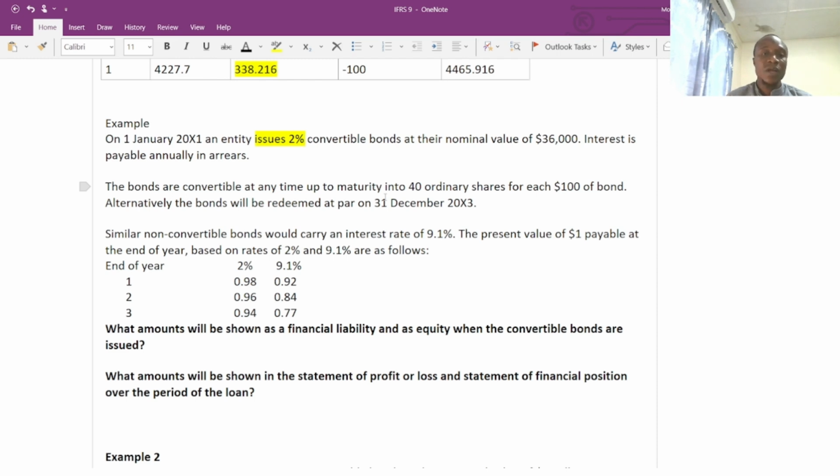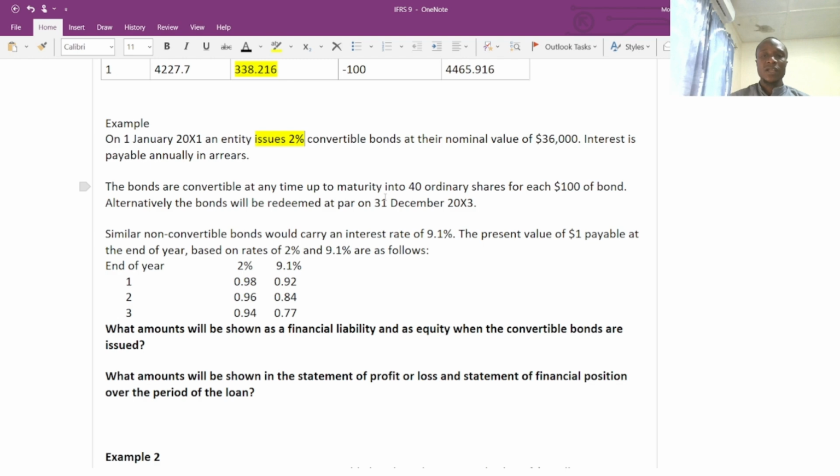Interest is payable annually in arrears. The bonds are convertible at any time up to the maturity into 40 ordinary shares for each $100 of bond. Alternatively, the bond will be redeemed at par on 31st March 20X3. So January 20X1 to December 20X1 is 1 year, 20X1, 20X2, 20X3. So it's a 3 year period.